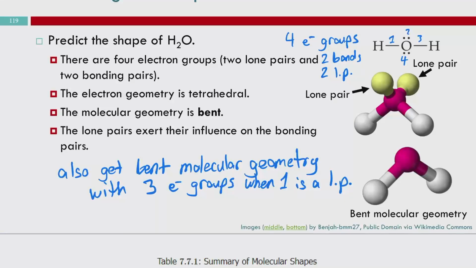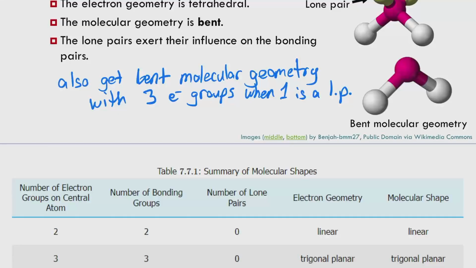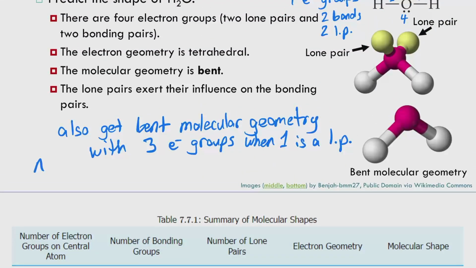Let's say that A is our central atom, and I'm going to swap that top one for LP. So we've got a lone pair up here. X is just whatever. If this is a lone pair, that's going to force these 2 actual groups out of the plane. So it's not going to be linear. It's also going to be bent. So that's the other way that we can get bent molecular geometry.